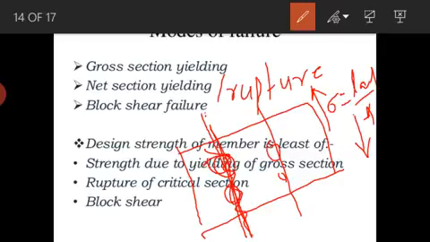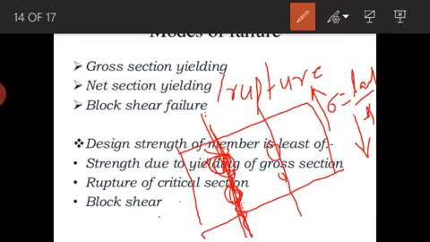The rupture or fracture of the member takes place when the net cross section reaches the ultimate stress. Because of having a lesser area, it is subjected to maximum stress, hence at this section there will be a rupture.